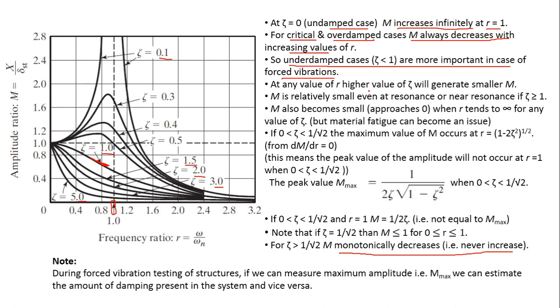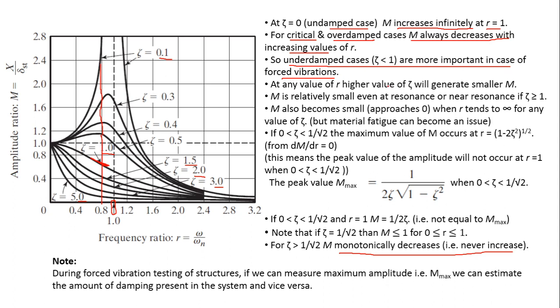At any value of r, a higher value of zeta will generate a smaller m. This is true because at any value of r, for example this value of r 0.8, we see that as zeta reduces, the amplitude of vibration, or the magnification factor, the dimensionless amplitude of forced vibration, is increasing.